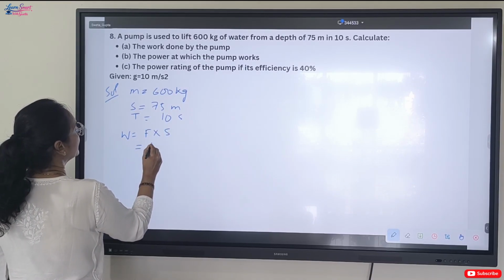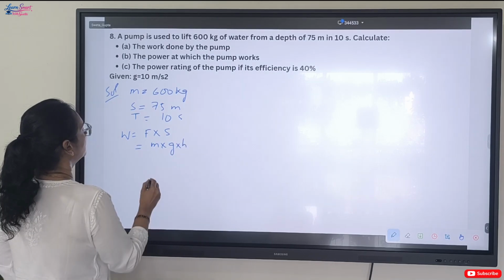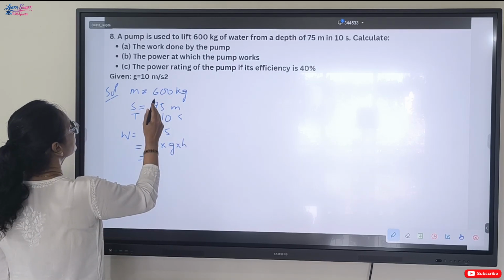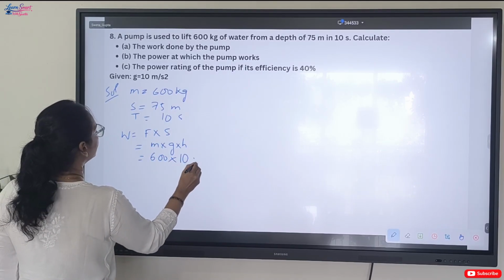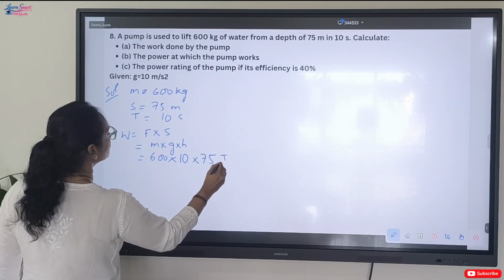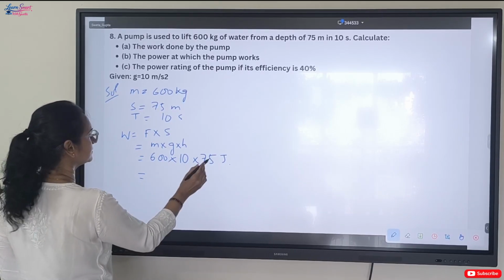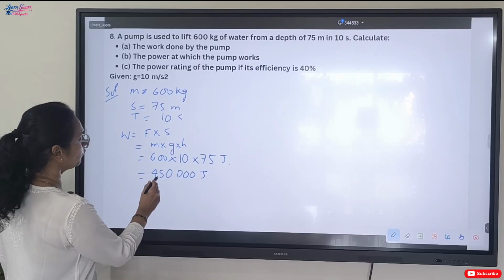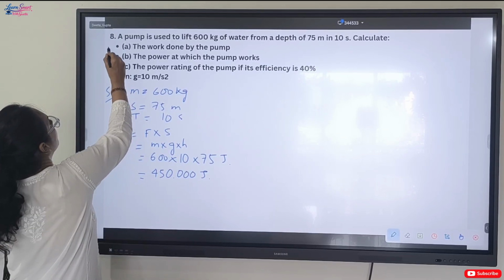Force is M into G into H. So M is 600, G is 10, and height they have given 75 meter. So this will be our work done. Just multiply and calculate. So work done will be 4,50,000 joules. We got the work done.